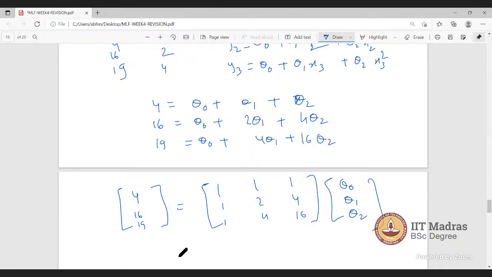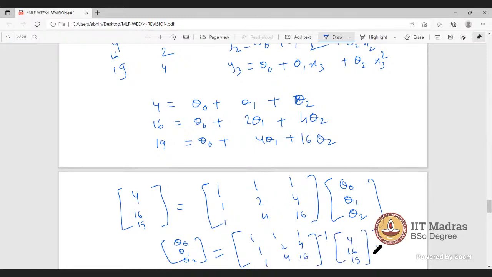Now what will be theta naught, theta 1, theta 2? It will be equal to the inverse of the matrix 1, 1, 1, 1, 2, 4, 1, 4, 16, times 4, 16, 19. Whatever the value is, that is your answer.